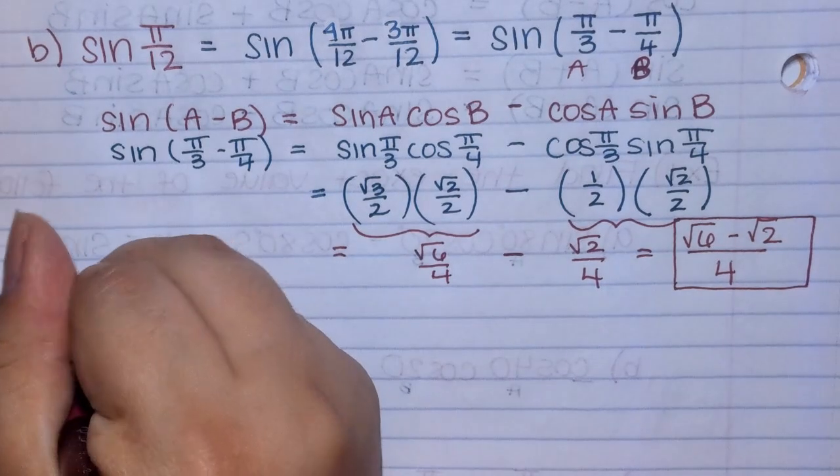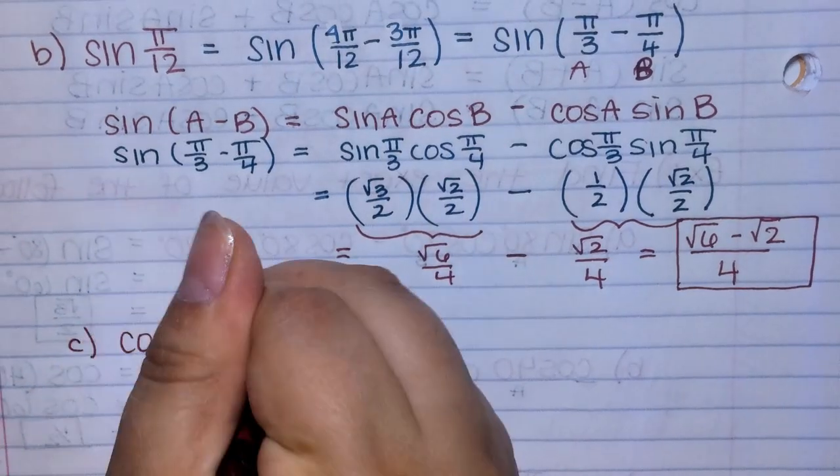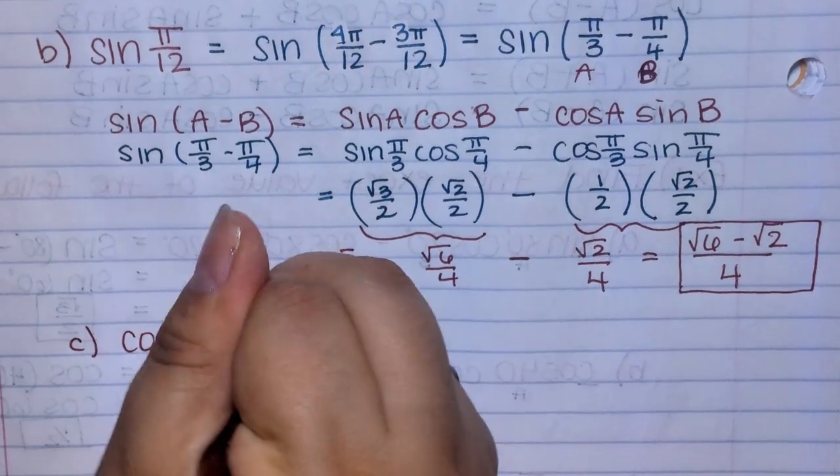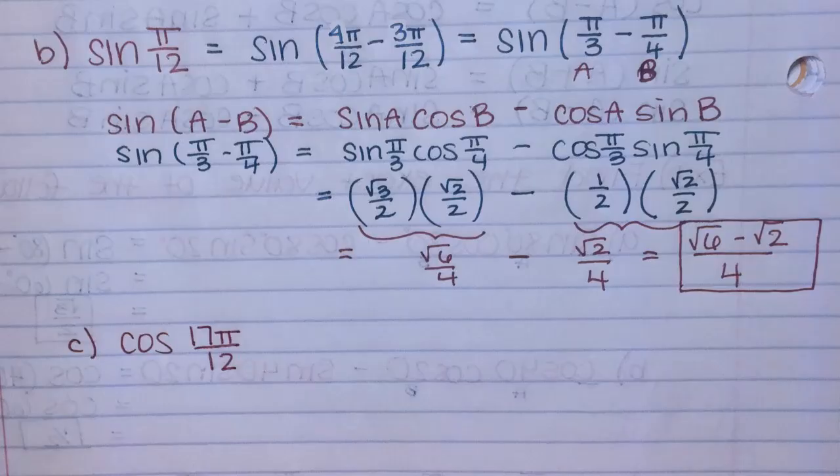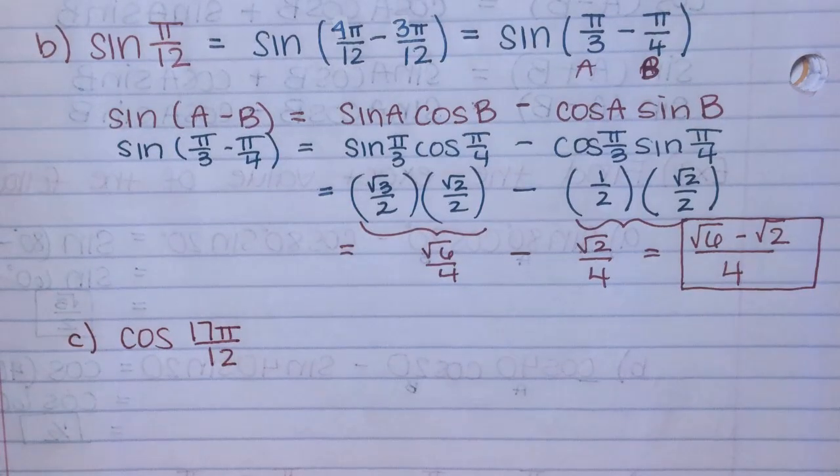All right, I'm going to give y'all about 5 minutes to do this one, while I figure out what two numbers add up or subtract to 17. Oh, got it.